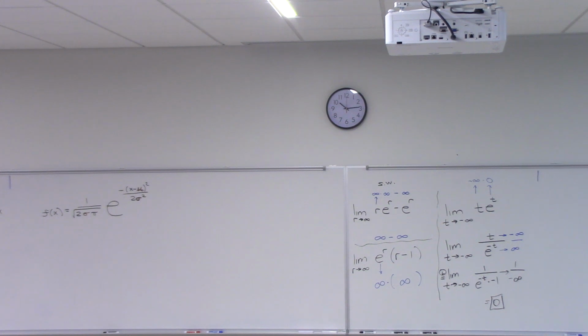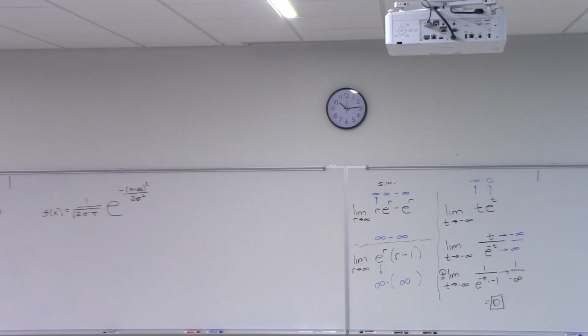1 over square root of 2 times, I'm going to use S for sigma, times pi. And then e to the negative (x minus, I'm going to put mu, or no, I'll just do u) squared, and then all over 2 times s squared.